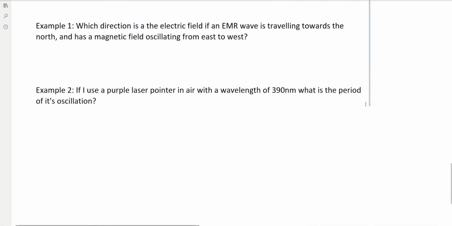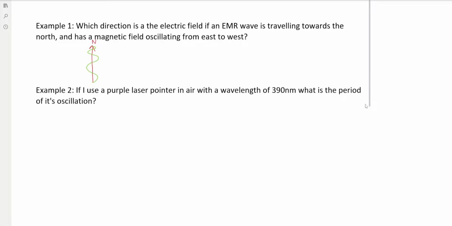Alright, so let's go ahead and try this out. Essentially, we're just going to draw a nice picture. What is the direction of the electric field if the EMR wave is traveling towards the north? So this is the direction of travel, north, and it has a magnetic field that is oscillating from east to west. So the magnetic field is going like this, okay?